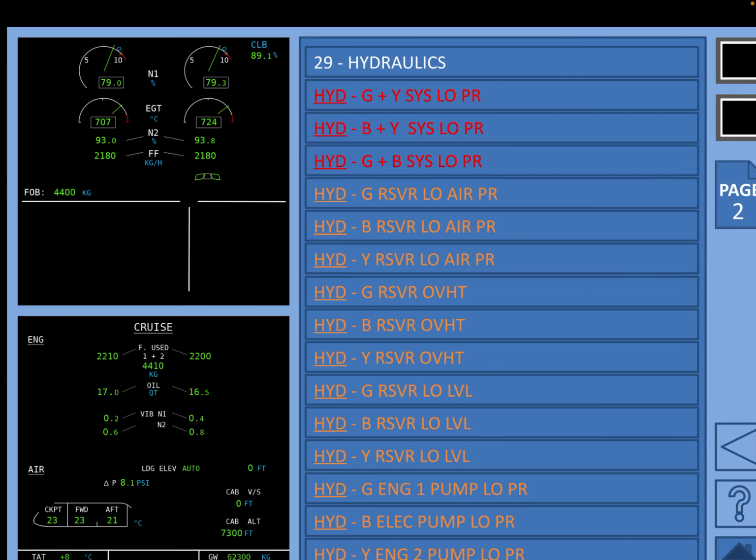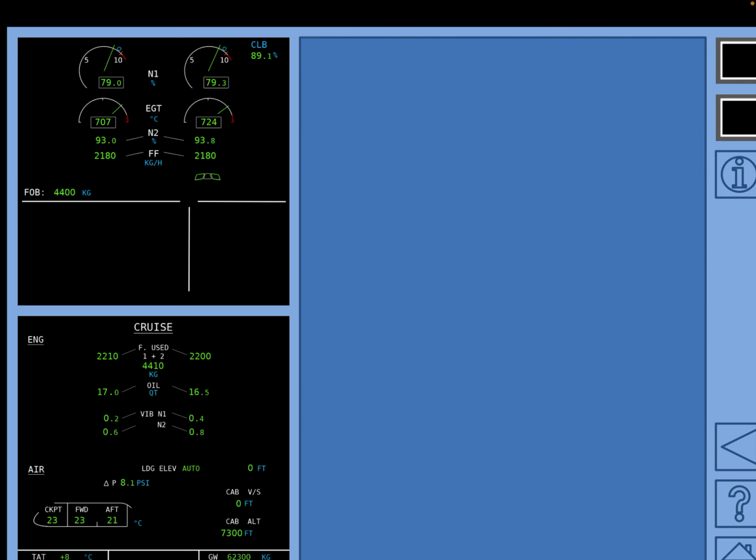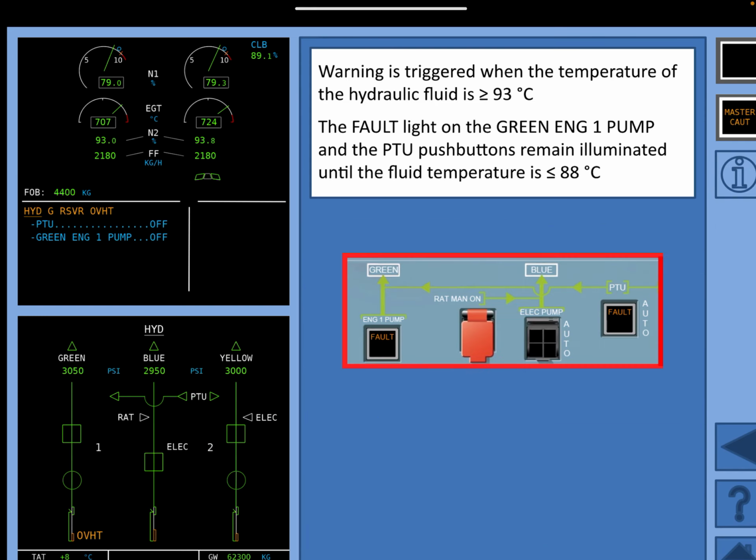Let's do it on iSpring. We will do a green system reservoir overheat, right? Green system reservoir overheat. Let's do it here. Hydraulics, green reservoir overheat.